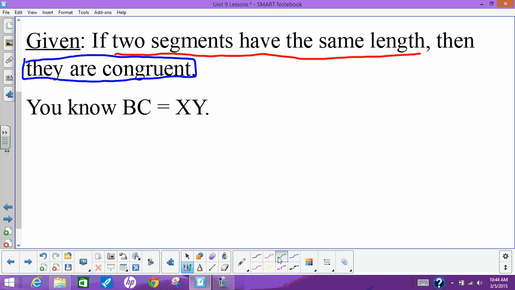And our conclusion would be that segment BC is congruent to segment XY. So this is what we can conclude, because in our conditional statement, the conclusion was they are congruent. So we have our equal length segments, BC and XY, and we can draw the conclusion that they are congruent.